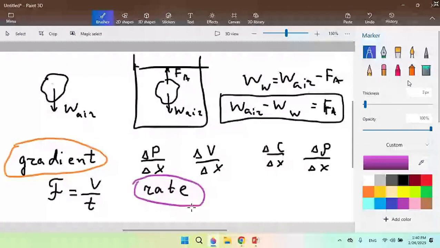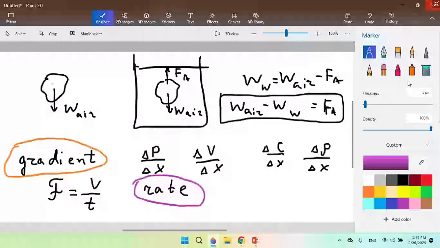So if a quantity changes over time, we say the rate of change. If it changes over distance, we talk about gradient. So rate is change over time. And we've got volume flow rate.